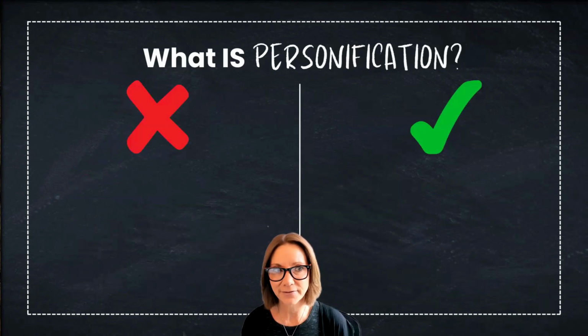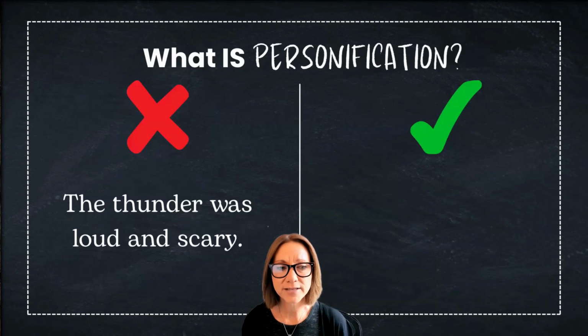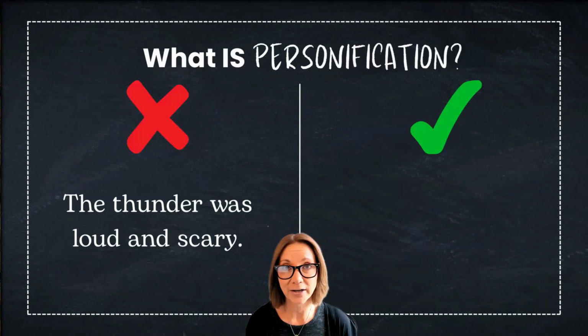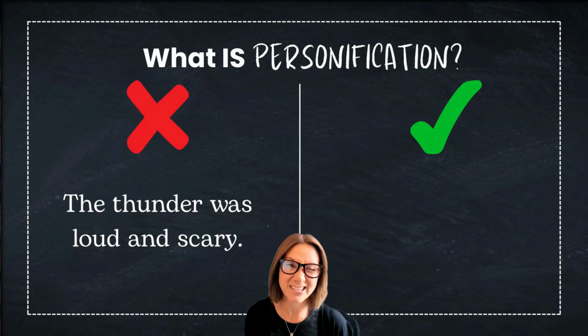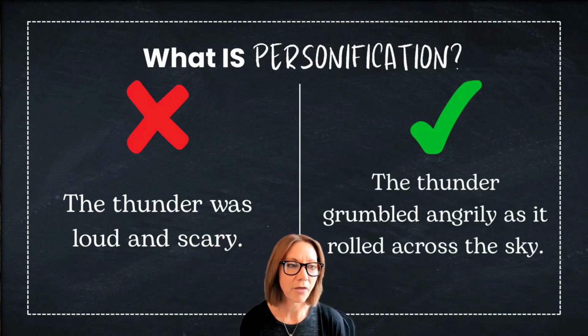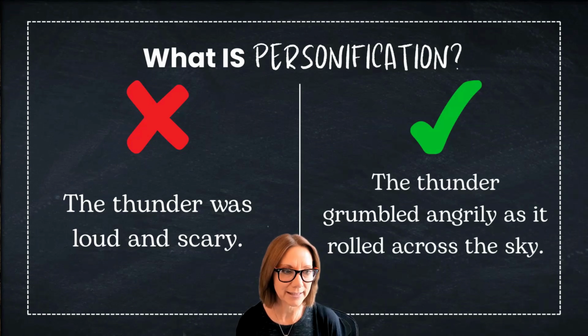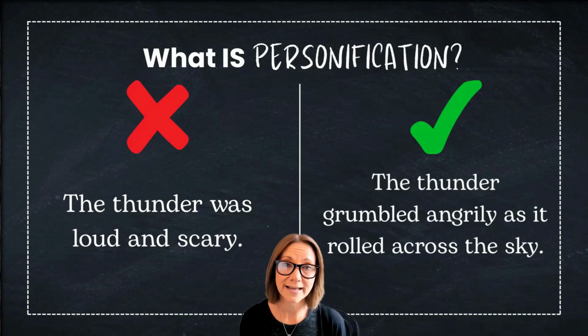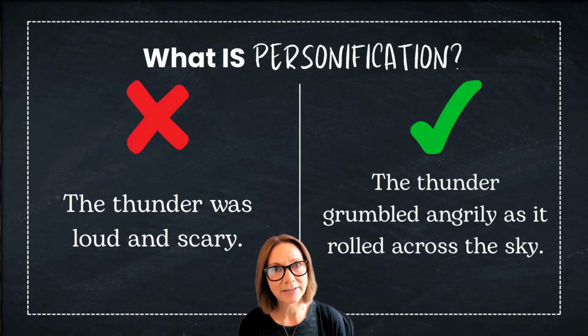Okay, let's look at the difference between the two here. If you said the thunder was loud and scary, there's no figurative language in there. There's no figuring anything out. You're just telling us what it is. But if you were to say the thunder grumbled angrily as it rolled across the sky, what is the human trait that's been added?